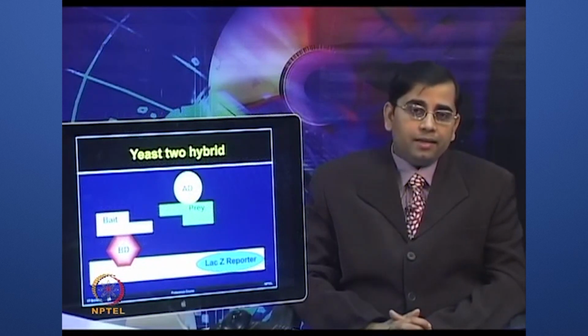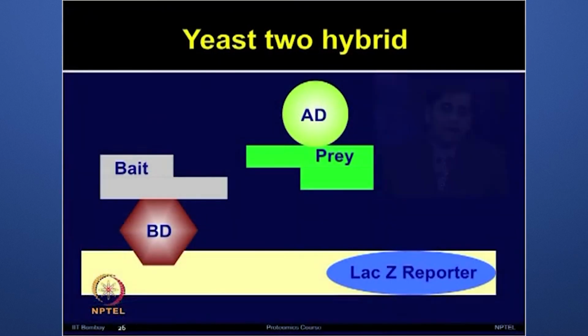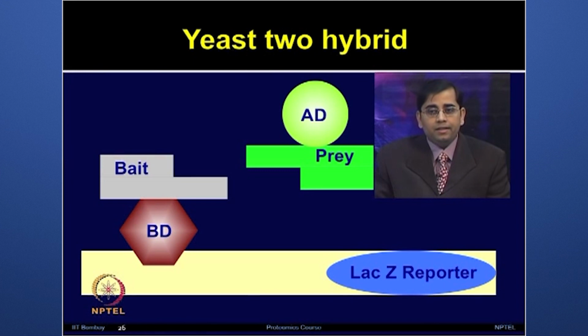As you can see in this slide, the transcriptional activator for the two-hybrid system consists of two protein domains. One is the DNA binding domain, which remains bound to the promoter region of the DNA and is fused with a suitable bait protein whose interaction with another protein is required for study.